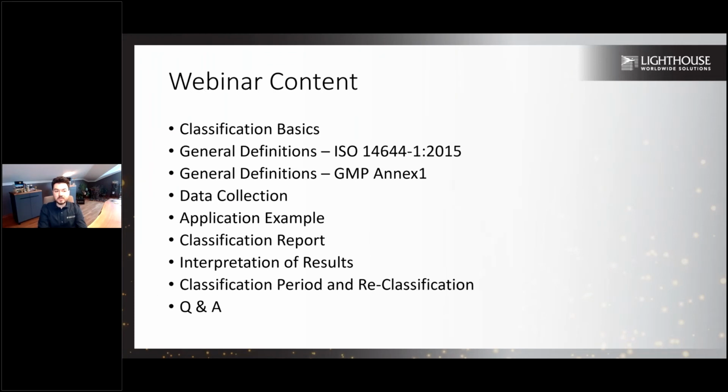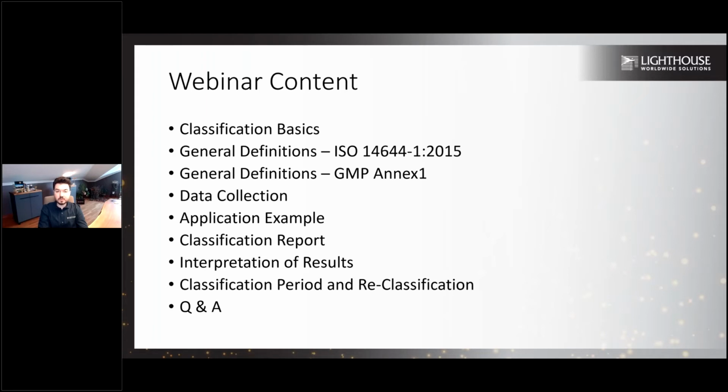This webinar content will be about the cleanroom basics first, to understand in general, and the definitions about ISO 14644-1, the latest version in 2015, and the general definitions again from GMP, the current version which was published in 2008, and the draft version from 2020. How to collect the data and how to reach the cleanroom environment and collect this information from the field, an application example that I'm going to share with you today.